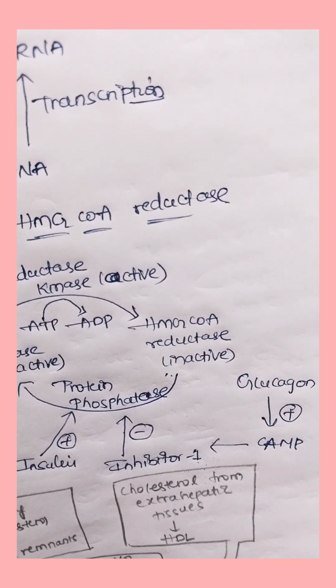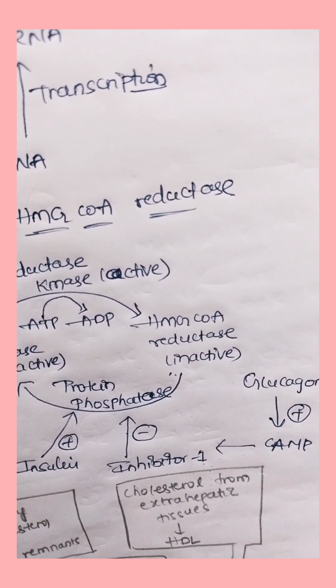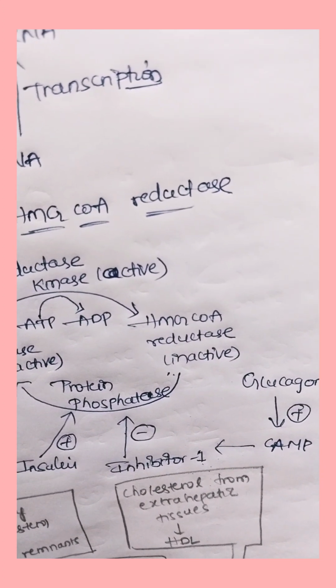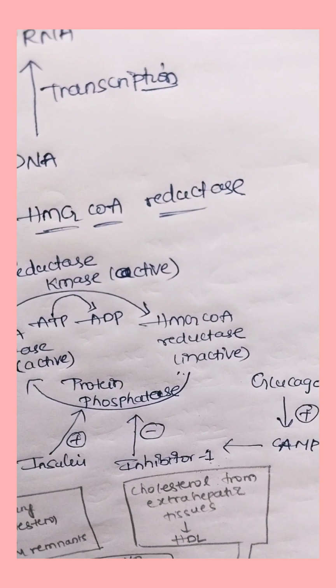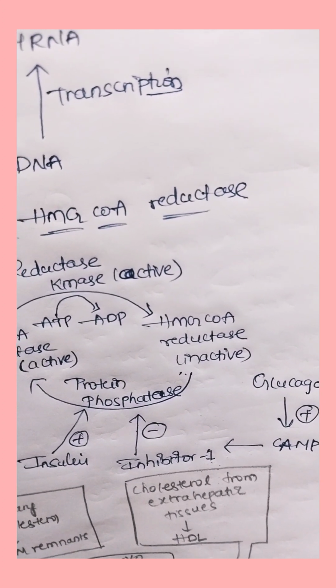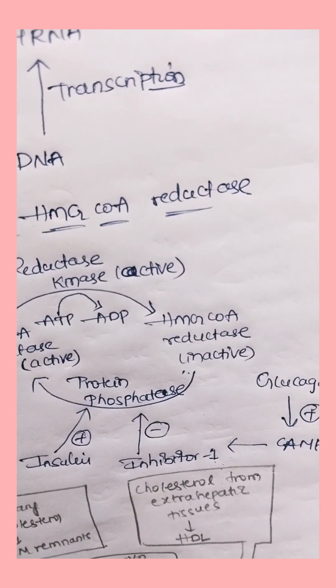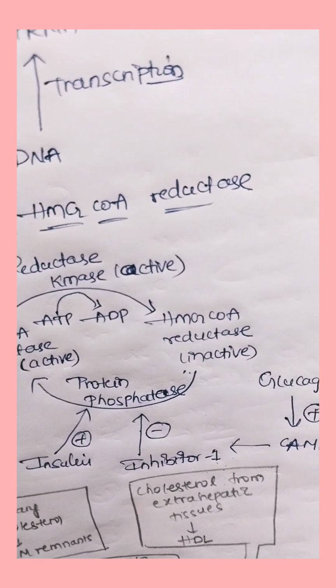The cyclic AMP will activate protein kinase. So protein kinase from the inactive form will become activated, and this activated protein kinase will donate the phosphate to the dephosphorylated enzyme and make the enzyme phosphorylated.